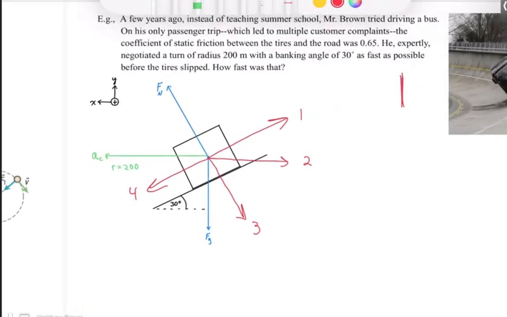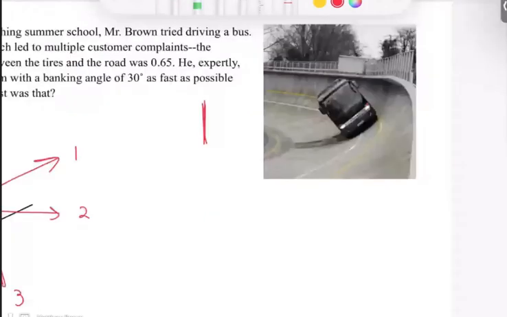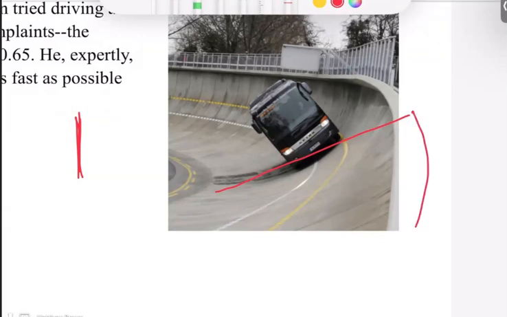So if you think about this, now imagine the bus is going really fast, and maybe it's even easier to look at this bank angle and think, well, what if friction wasn't there? What if all of a sudden, right where the bus is now, and I know this is not the best drawing, you just have to sort of look at it like that, like it's on this part of a ramp or something, and all of a sudden it's pure ice? And this ramp curves around or whatever.